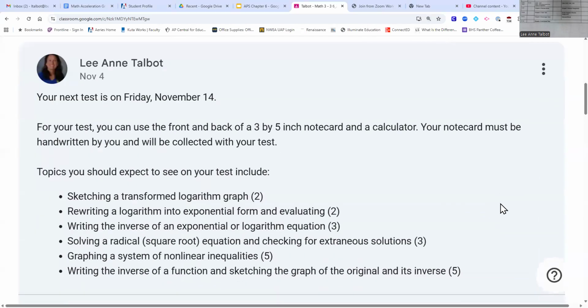Test is on Friday, a week from today. You can use the front and the back of a notecard. Okay, for two multiple choice questions.